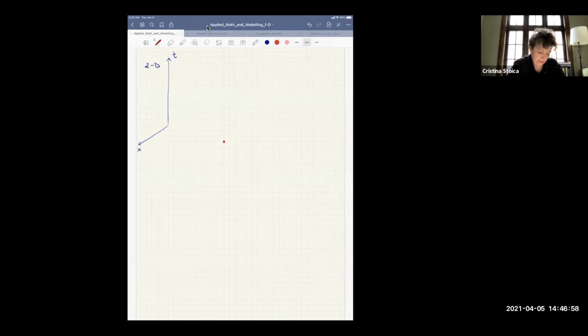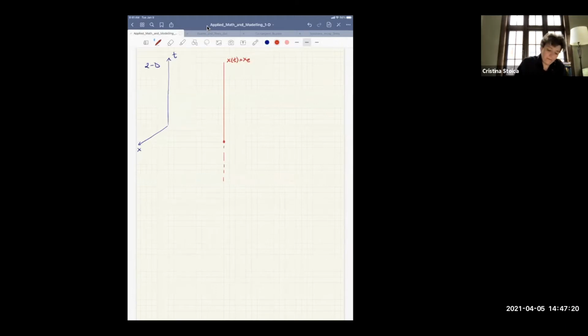So this is the equilibrium. It's the same position for all times.